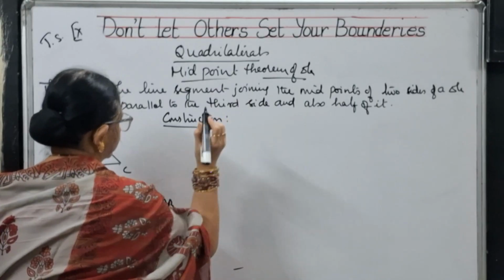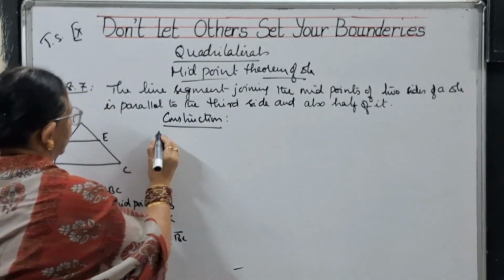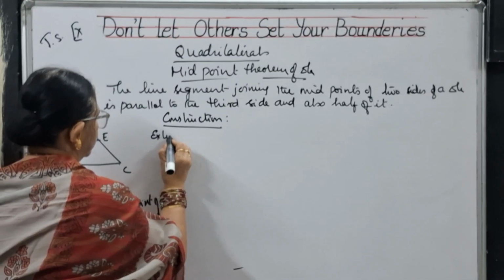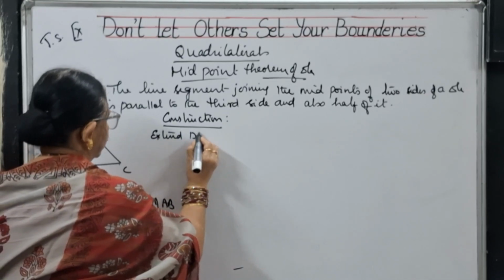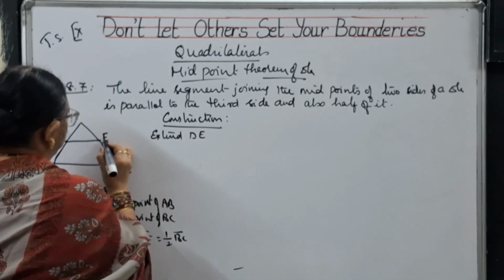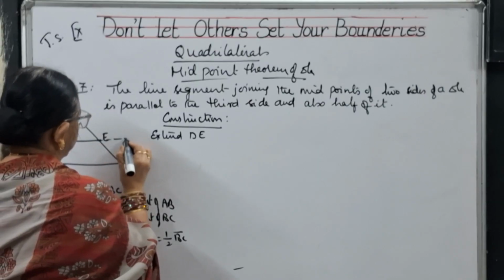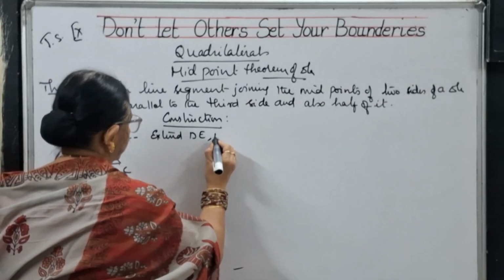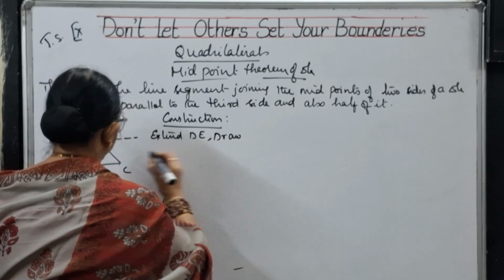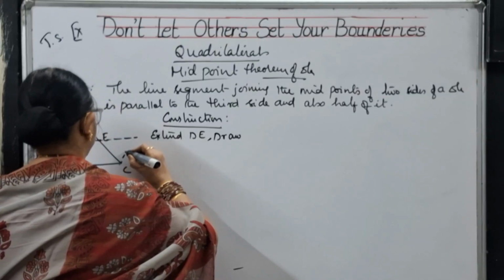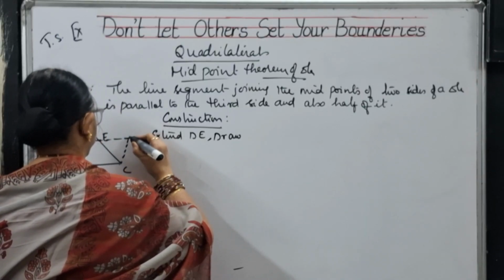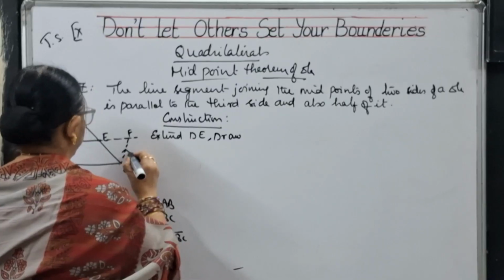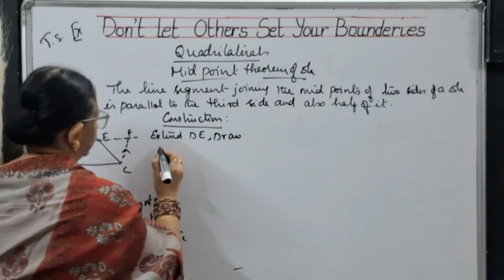What is the construction? Construction is we have to extend DE. This DE should be extended like this, and draw CF parallel to BD.